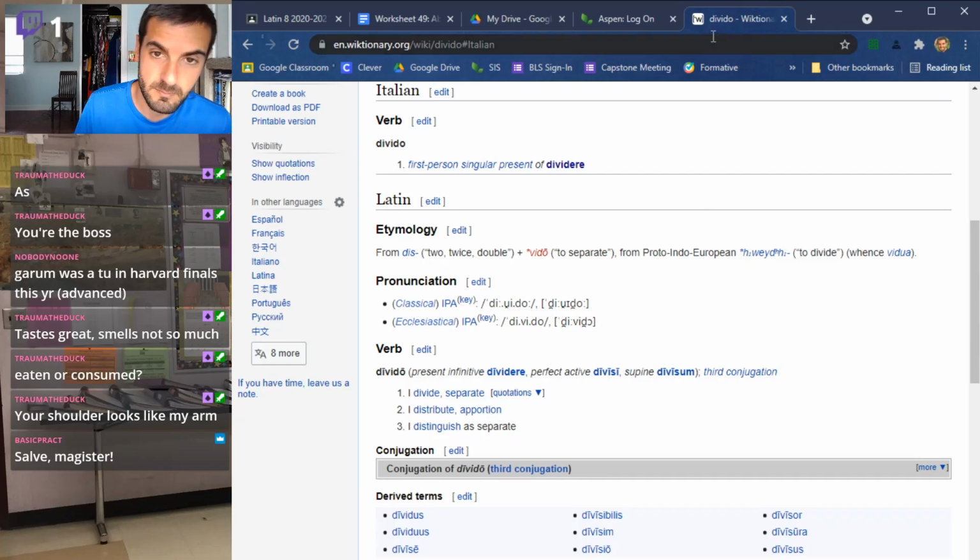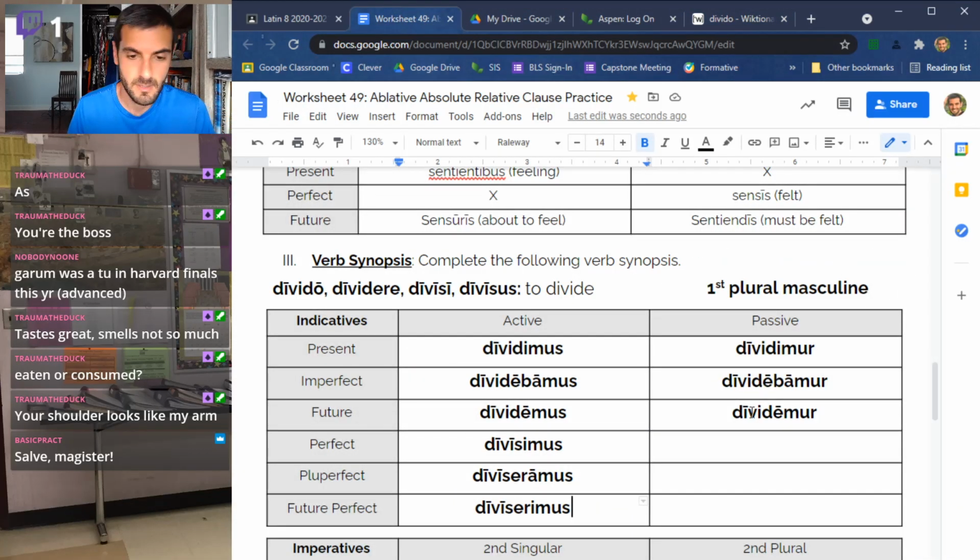Okay, I had a moment of panic. And then finally, divisus. We're going to make that plural and masculine. So, divisi sumus, divisi eramus, divisi erimus.